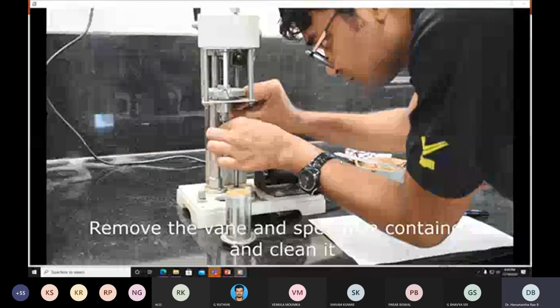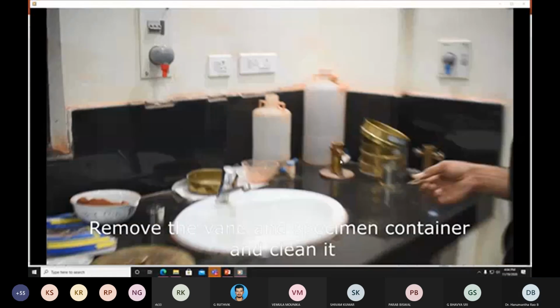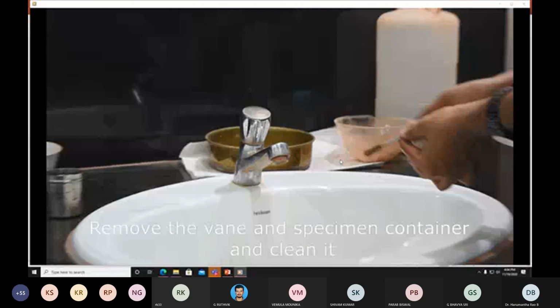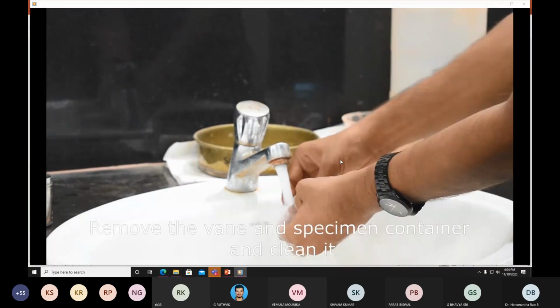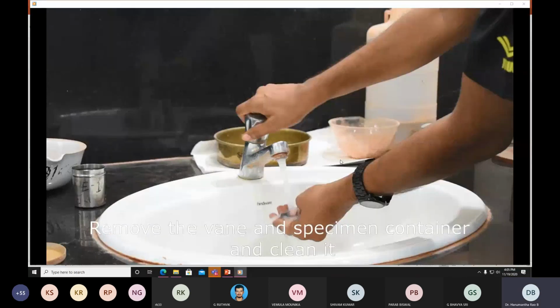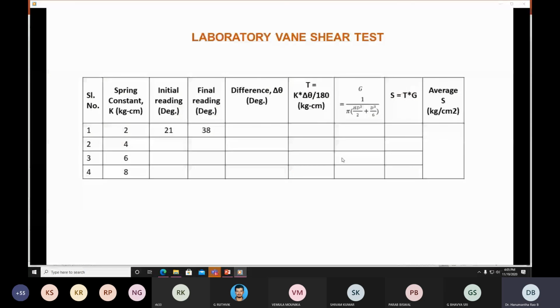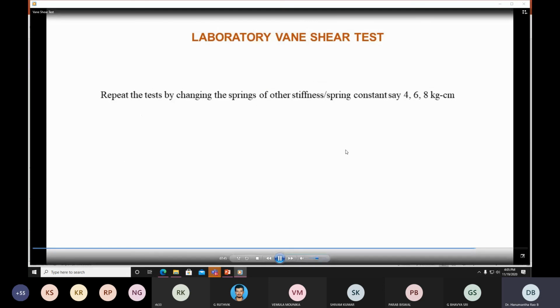He is removing the vane also in order to clean all the blades. Since we prepared a slurry soil sample at a particular moisture content, collect a small amount of the soil sample and keep it for oven drying to determine its moisture.